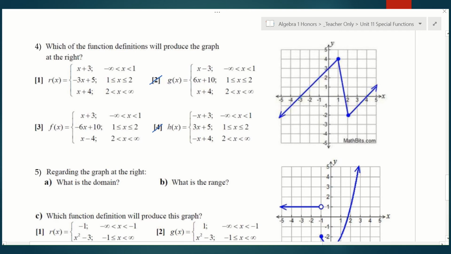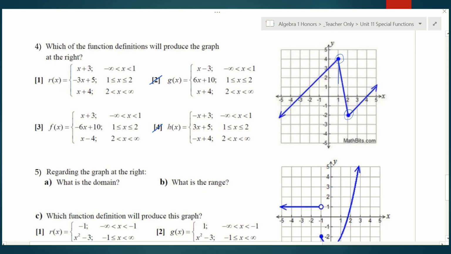The next thing I would look at, since now we're looking at choices 1 versus 3, is maybe the slope of that second line, the one in the middle, and let's see what that's coming out to be. I'm looking at this point to this point. What's the slope?